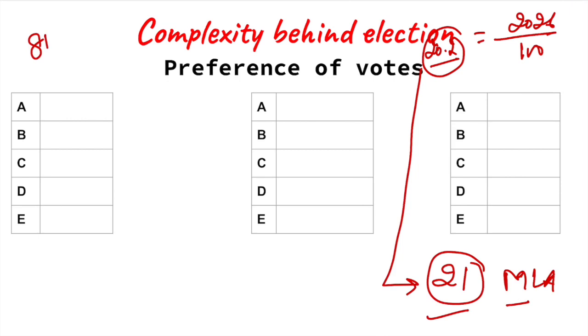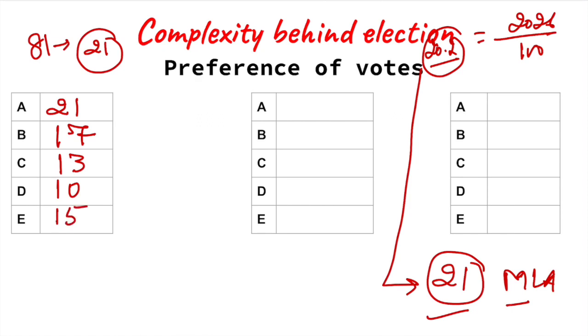Understood? Now we have 81 MLAs, and the 81 MLAs will give the vote. Out of 81, the one who has the support of 21 will be elected directly to the Rajya Sabha. It is very simple and clear. Now, for example, A has the support of 21 MLAs, B has the support of 17 MLAs, C has 13, D has 10, E has 15, and now we are taking one more, F, who has the support of 5.